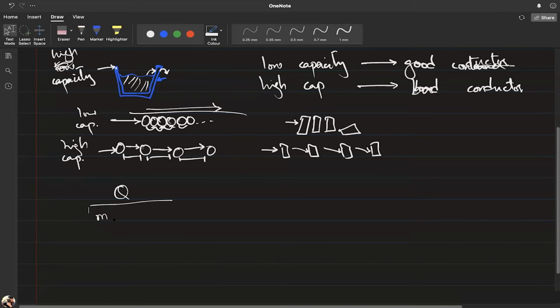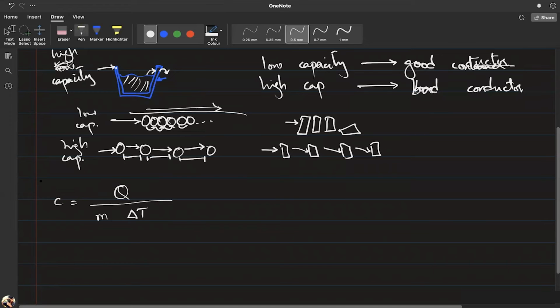Also, by how many degrees Celsius you want to convert that heat, how much temperature difference you want to bring, so that whatever amount of heat you give will be distributed. Okay, this will be needed to bring about this many degrees of change. So not only for that mass but also for the change in temperature that you want, and that will be my heat capacity.